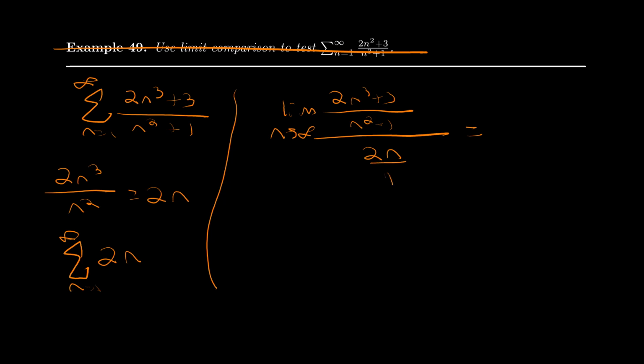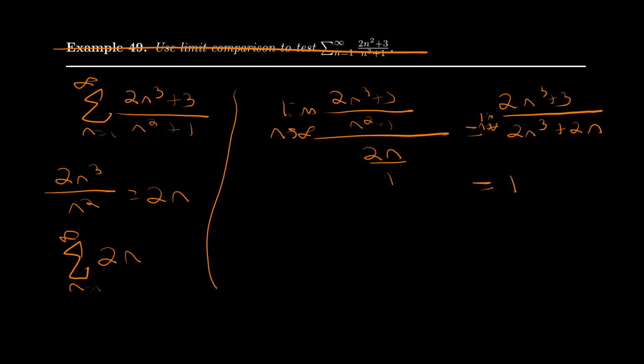So that will give us the limit as n goes to infinity of (2n cubed plus 3) over, and we'll distribute through the 2n, so it'll give us (2n cubed plus 2n). And then we can look at the limit as n goes to infinity of that.